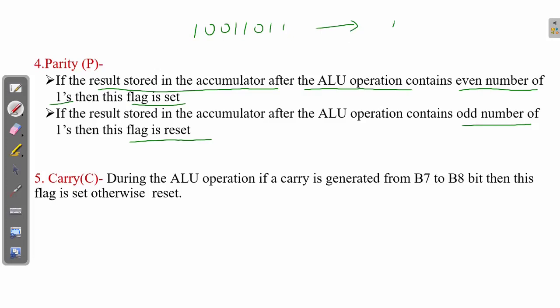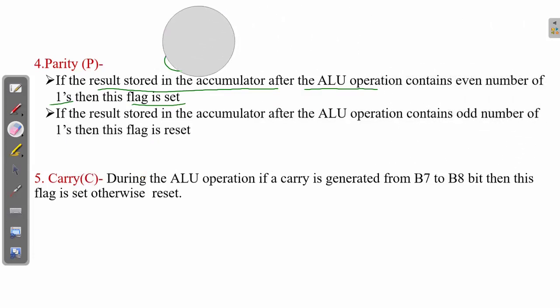I have to count the number of ones. There are five, which is odd, so it will be 0. And suppose I make it like this, then there will be 4 ones. 4 means even, so the parity flag will be set. It's very easy. I hope everyone can understand this. Yes or no? I assume that you all have understood.